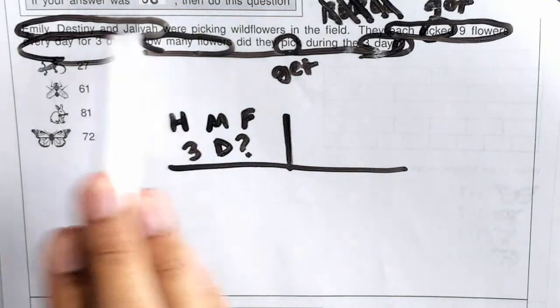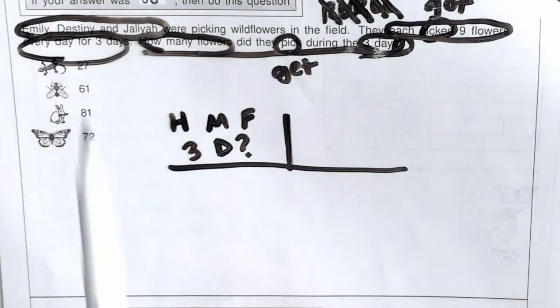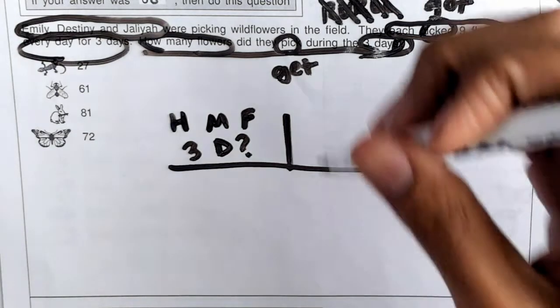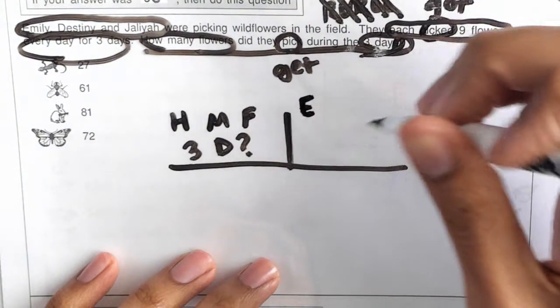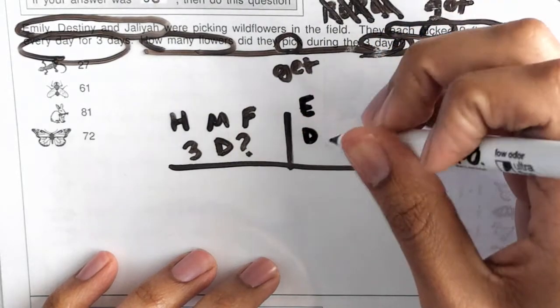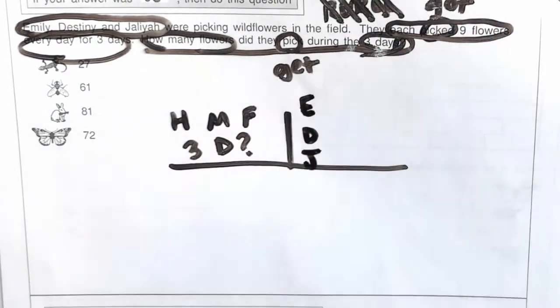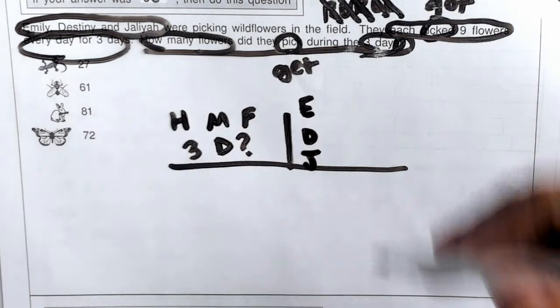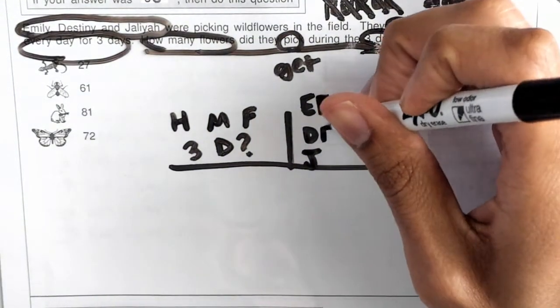Well, let's start over with how many people we're talking about. Since we're talking about 3 people here, then we're going to need 3 separate strip diagrams. We're going to need a strip diagram for Emily, a strip diagram for Destiny, and a strip diagram for Jalea. Now, each of those people were picking some flowers.